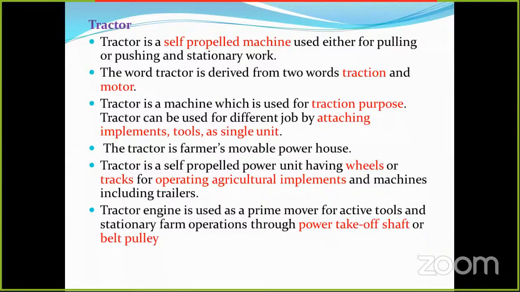I already told you the standard revolutions for the PTO are 540 plus or minus 10, or 1000 plus or minus 10 in modern tractors. Here power can be transmitted through the PTO as well as the belt and pulley system. Next, the 3-point hitch link system and hook. Those will all be discussed in further slides.